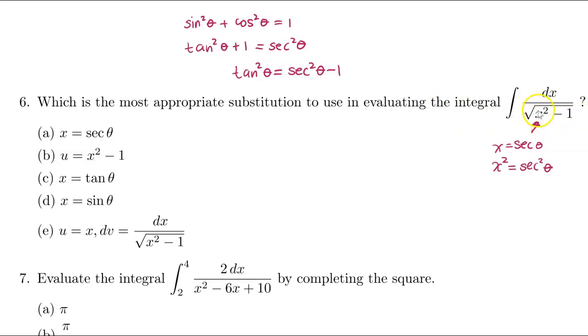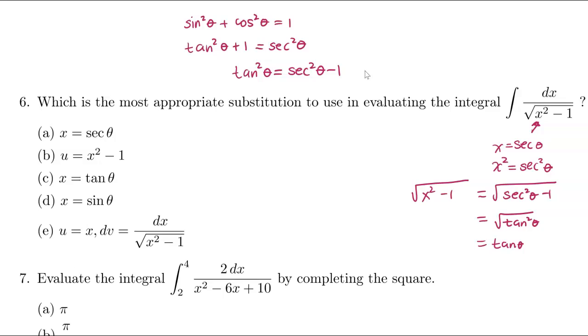And that would make this equal to tangent squared theta. So the square root of x squared minus 1 will just be equal to the square root of secant squared theta minus 1. Now secant squared theta minus 1 is just tangent squared theta. So you will have the square root of tangent squared theta. That gives you tangent theta.